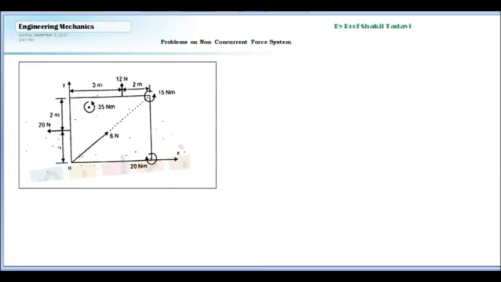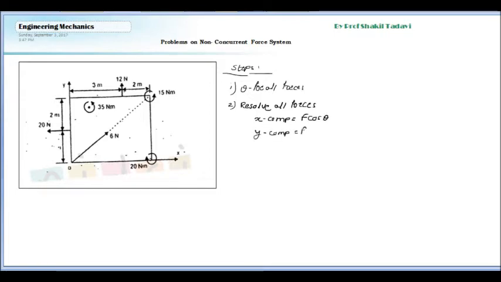So for location, I will first of all list out the steps that we can use. First we will calculate theta for all forces. Second, we resolve all forces along x and y. If any inclined force is there, then we can resolve that force. For resolution we use the x component as f cos theta, and the y component as f sin theta.